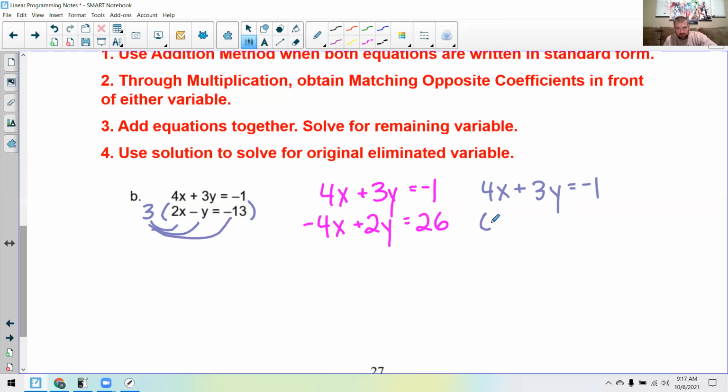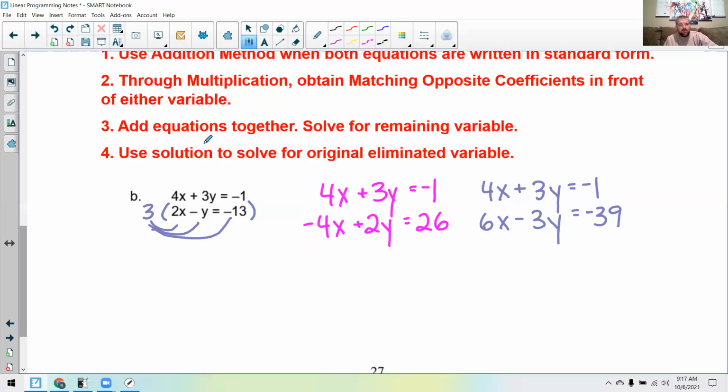And this would be 6x minus 3y equals -39. Either way, you're getting these matching opposite coefficients. I promise you, if you do it correctly, you're going to get the same answer for both of these setups. It's just whether you solve for y first or x first.